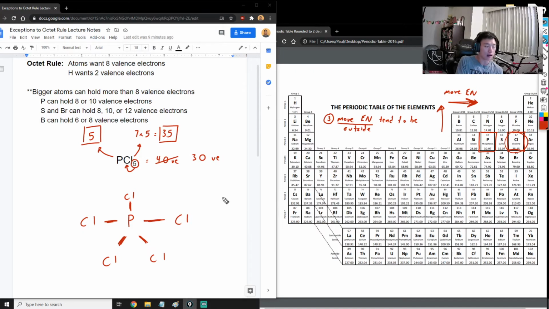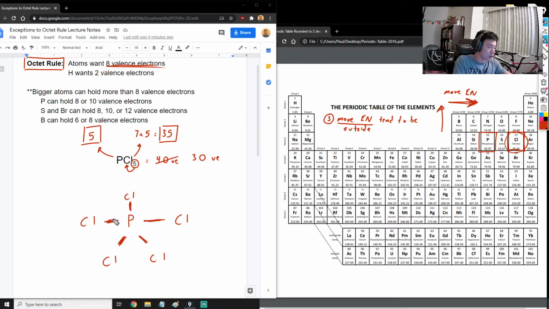Now we know that everything needs 8 valence electrons. So we're going to make sure chlorine has 8 because of the octet rule. The octet rule means that an atom wants 8. Now you might be wondering, Mr. O, octet rule says that atoms only want 8, but how many valence electrons does phosphorus have?